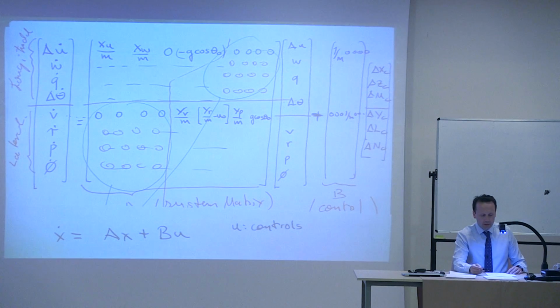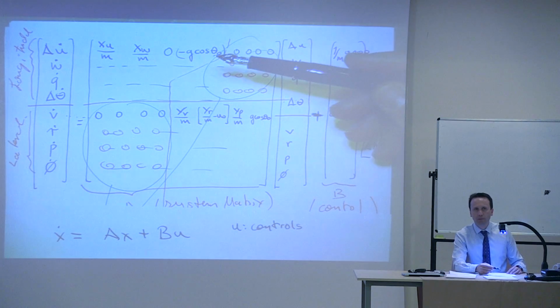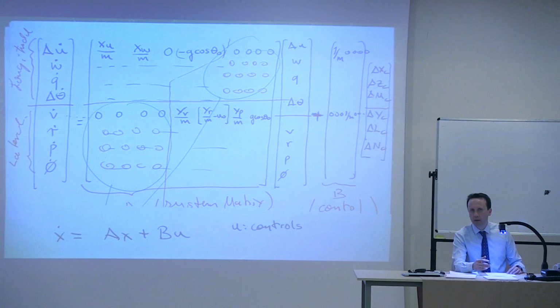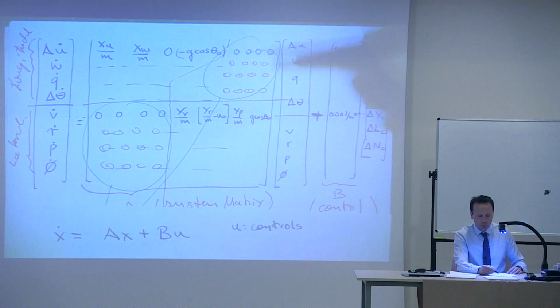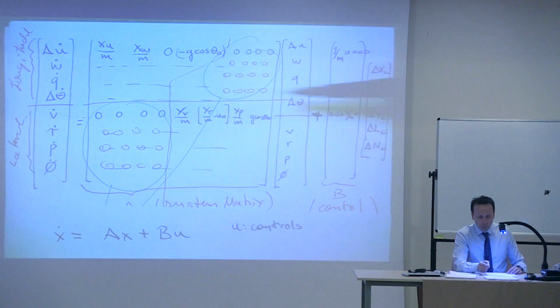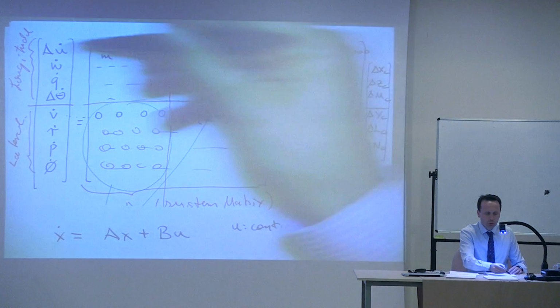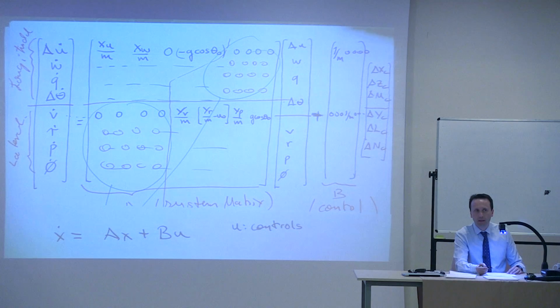And what we discovered also is that because we made that distinction between longitudinal and lateral dynamics, basically saying that the lateral will not affect the longitudinal and the longitudinal not the lateral, you see that we have a bunch of zeros on this quarter of the matrix and a bunch of zeros here on this quarter of the matrix, because the effect of the lateral dynamics onto the longitudinal dynamics is basically 0, but that's an assumption we made from the very beginning.